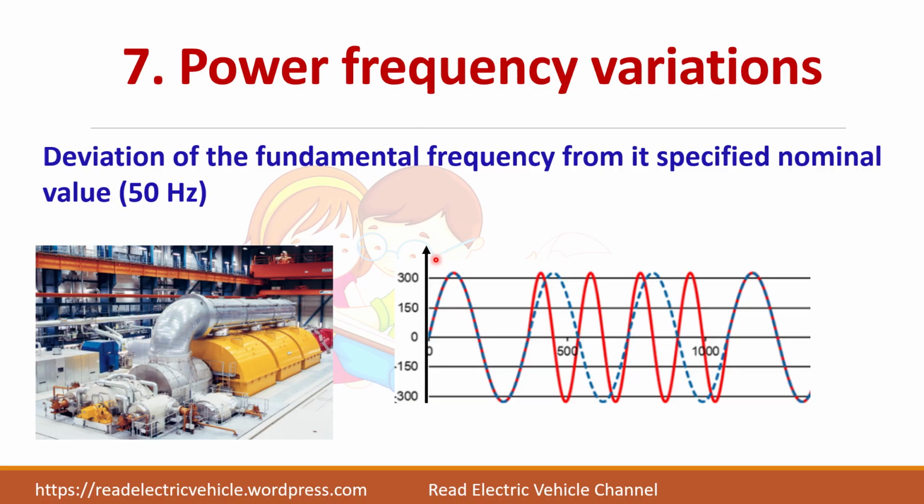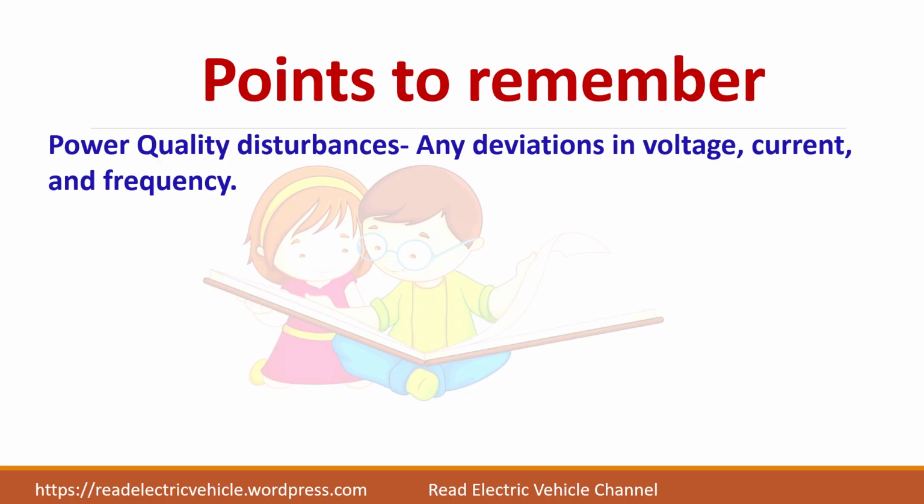For example, in this voltage waveform, this blue line is the 50 Hertz supply frequency waveform. Suddenly there is a change in the frequency, then again it comes back. So if it deviates from 50 Hertz, we call it a power frequency variation.